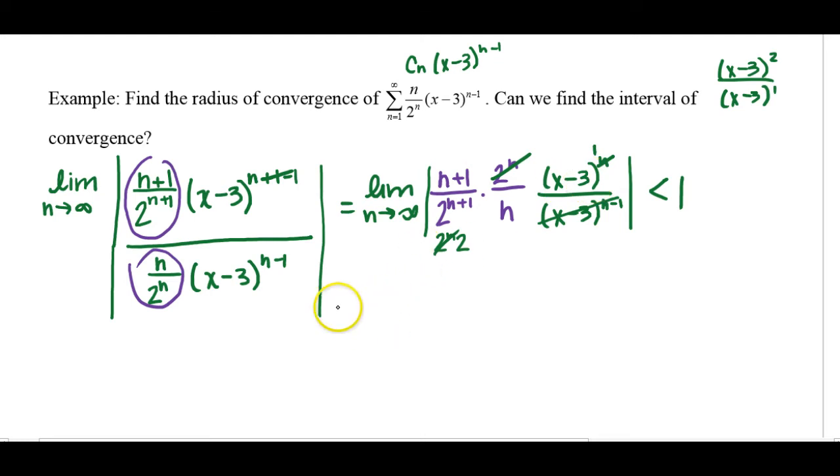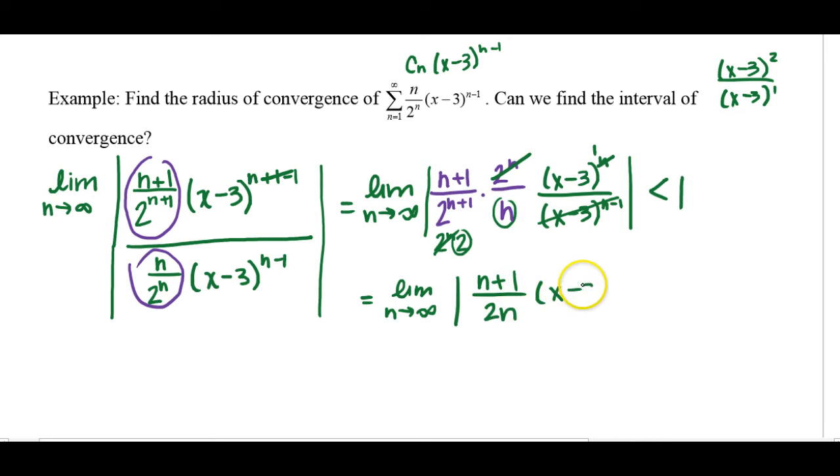So now let's see what I have left. This is the limit as n approaches infinity of an n plus 1 on top, and on the bottom I have the 2 and the n, so 2n, times the absolute value of x minus 3 to the 1. This has to be less than 1. So now let's evaluate the limit part.